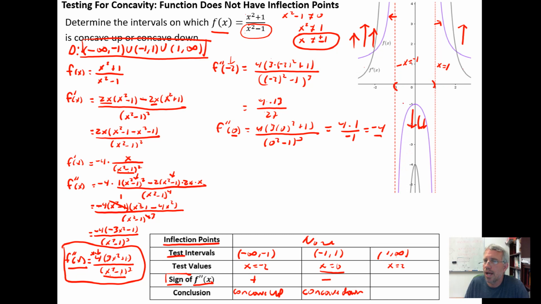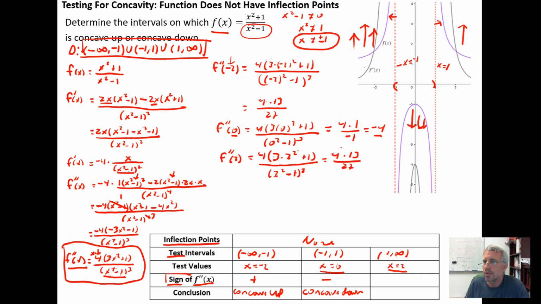The graph is opening down, or concave down, and our last test value is x equal to 2. So f double prime evaluated at 2 is going to equal 4 times 3 times 2 squared plus 1 all over 2 squared minus 1 quantity cubed, which is just going to equal 4 times 3 times 2 squared, 2 squared is 4 times 3 is 12 plus 1 is 13 all over 4 minus 1 is 3, cubed, sorry, is 27.